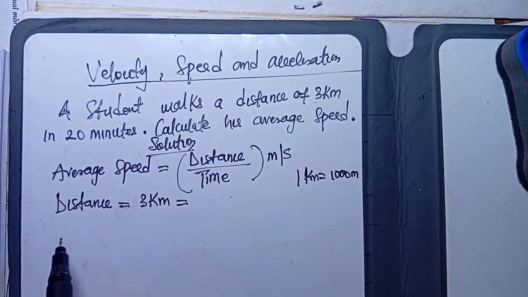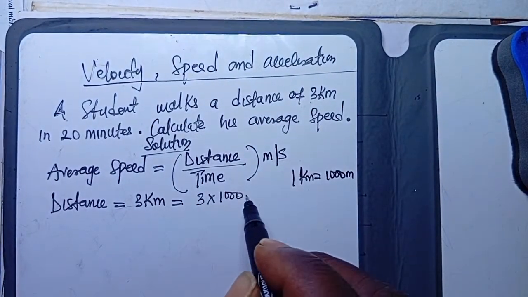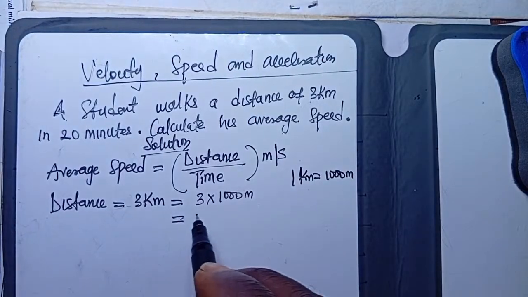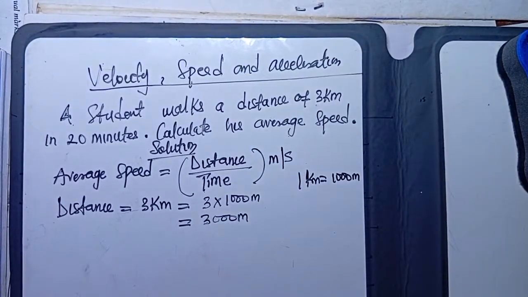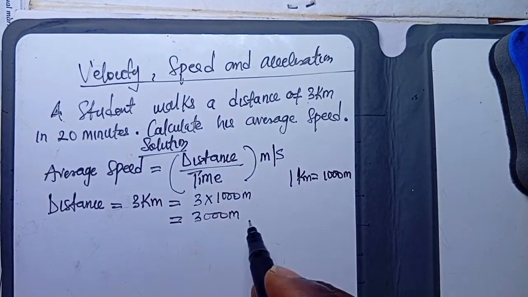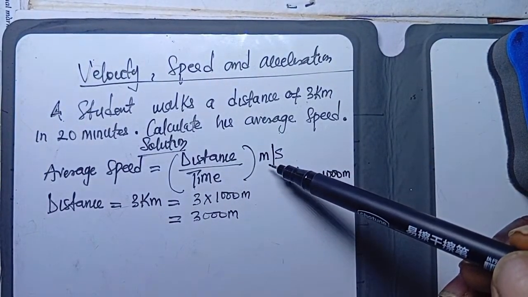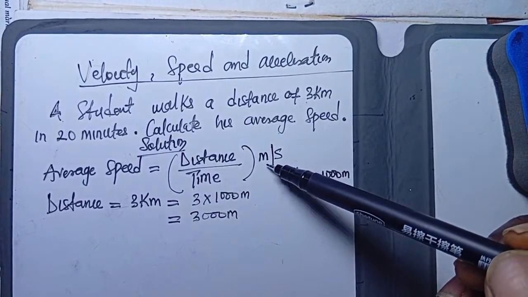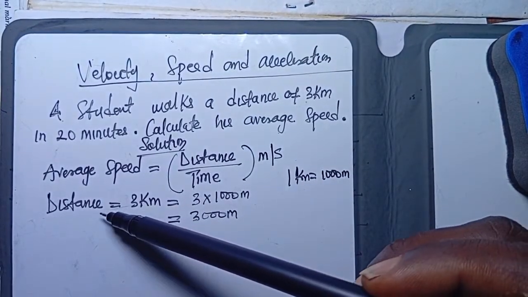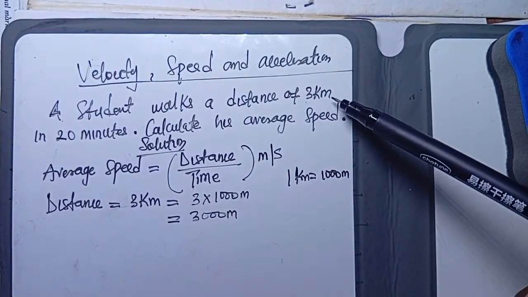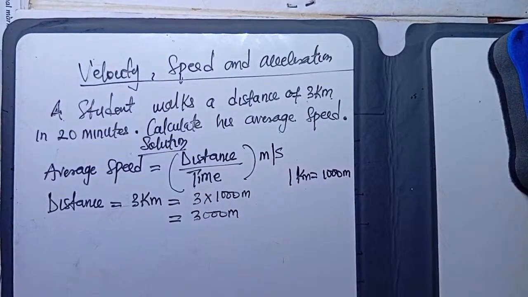So 3 kilometers will be 3 times 1,000 meters, which will be equal to 3,000 meters. That is the distance. Why am I doing this? Because the unit for average speed is meter per second, but we were given distance in kilometers. So you must convert the kilometer to meter. That is the basic thing you must understand in physics.